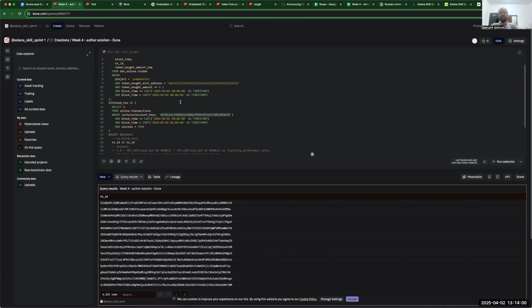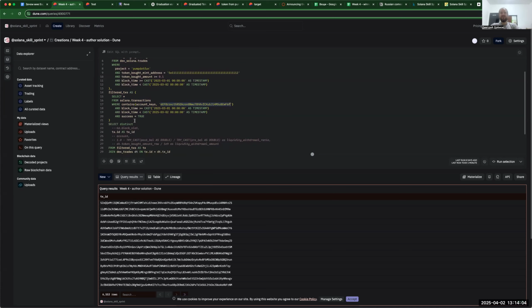Again, we only care about the transactions with the pump.fun pool. For this range of time, of course, we only need successful transactions, and we pre-filter all these transactions to only those connected with pump.fun.